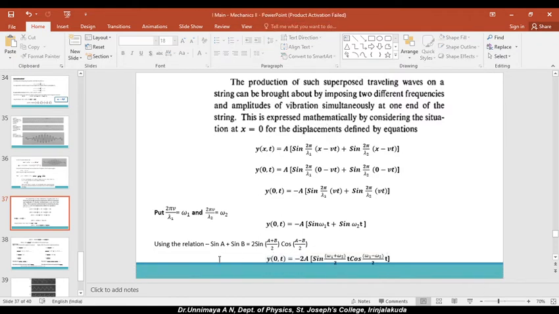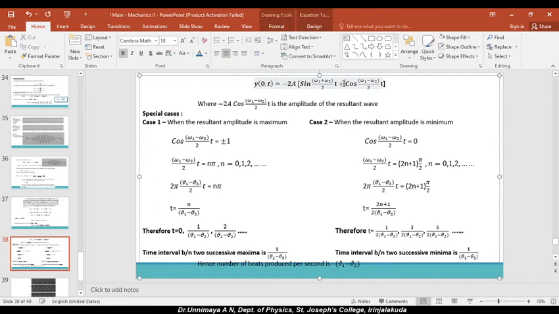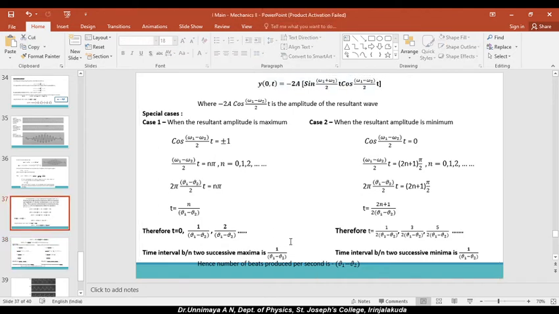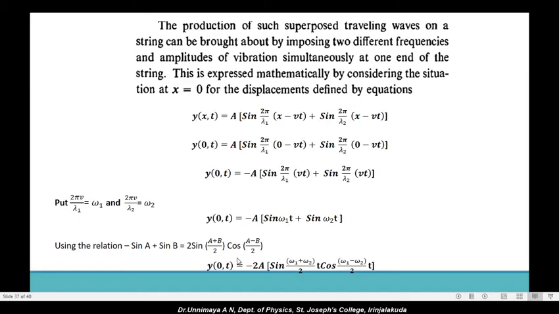There is no plus in this expression; it is a mistake from my side, please ignore it. The resultant wave is y(0, t) is equal to minus 2a sin (omega 1 plus omega 2) by 2 into t, cos (omega 1 minus omega 2) by 2 into t.